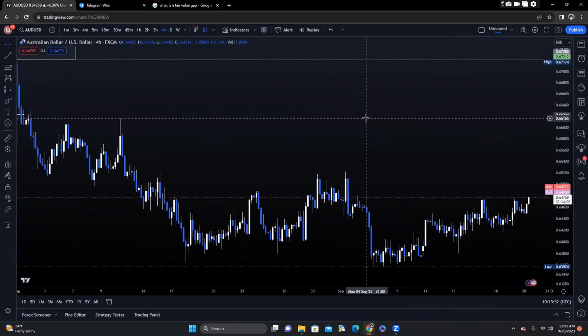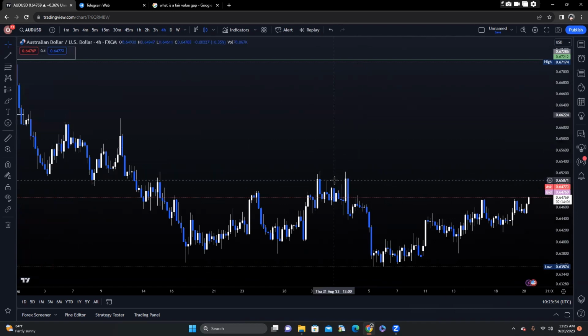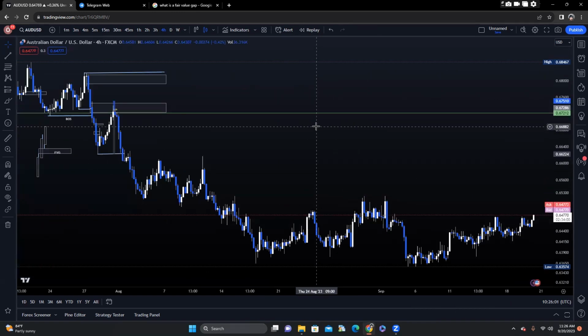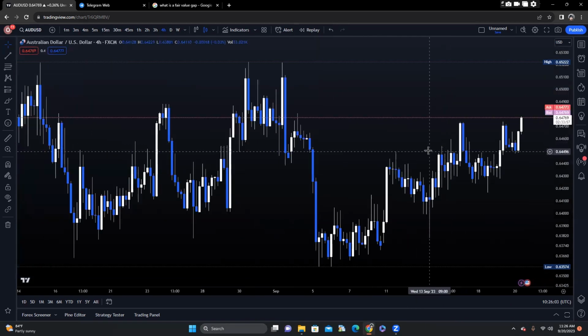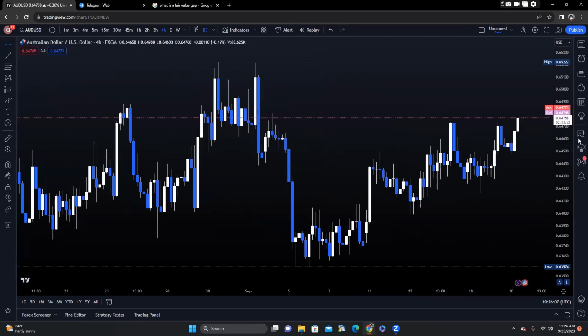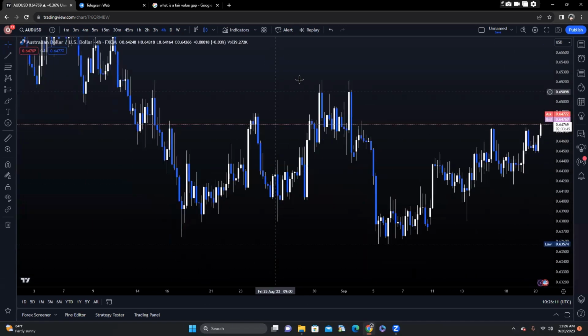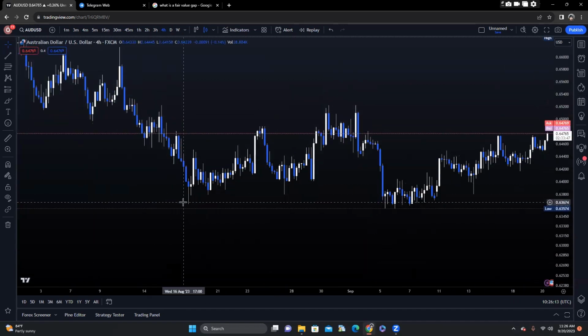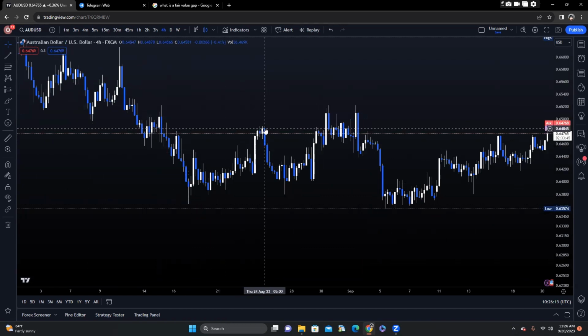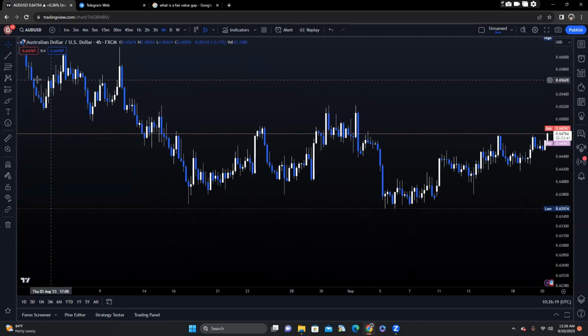Now, let's look at this area. Let's just do a top-down analysis. Now, we can see that the market is doing what here? It's making a series of lower low, higher high, higher low, break of structure here.